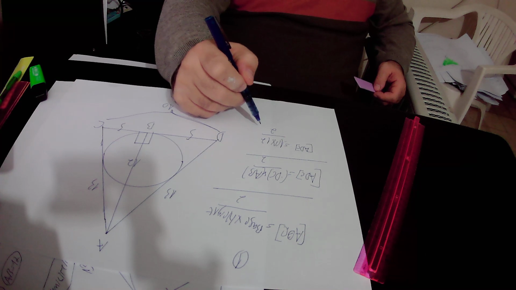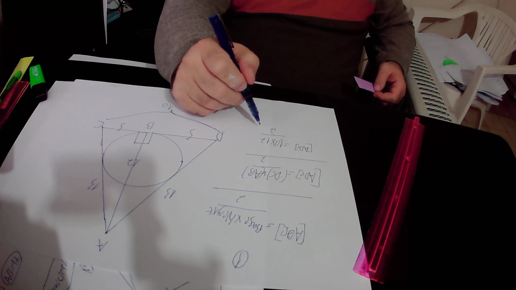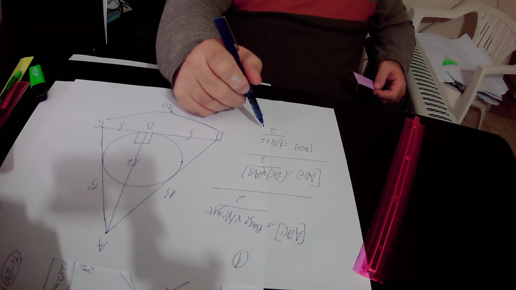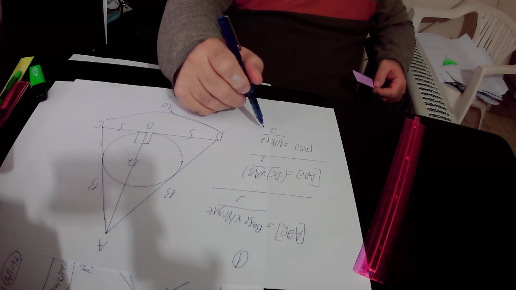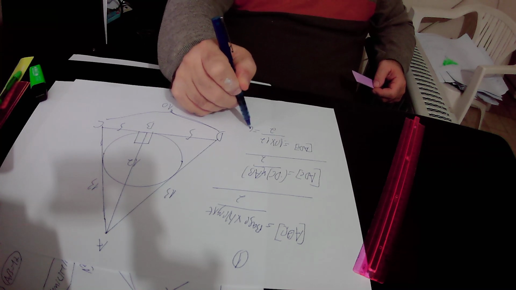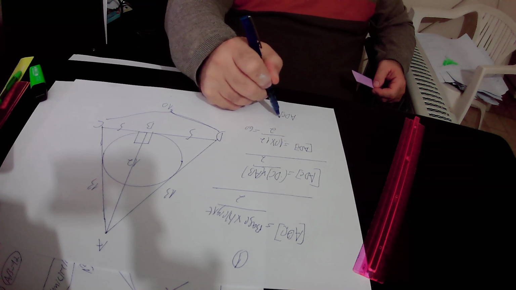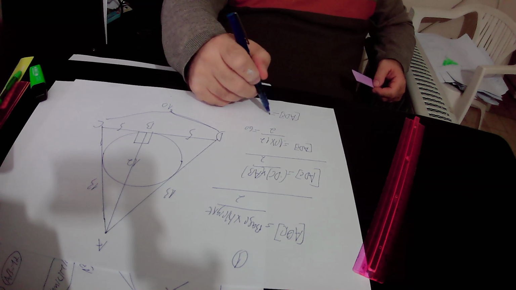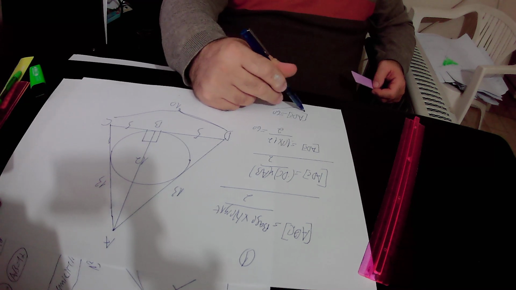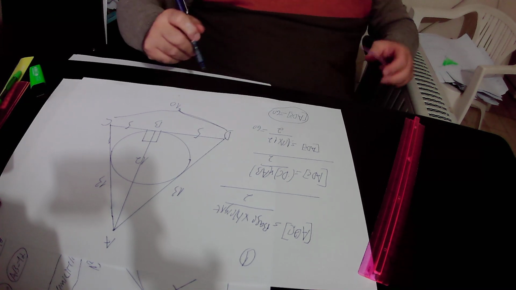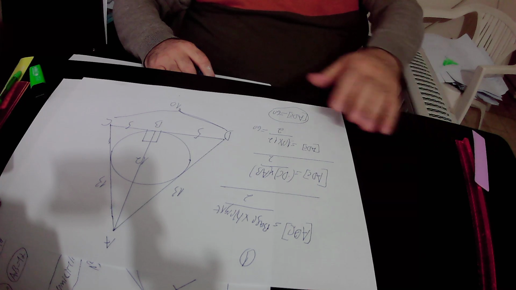All divided by 2. So 10 times 12 is 120, and 120 over 2 is 60. So we found out that the area of triangle ADC is equal to 60 square units. Okay?